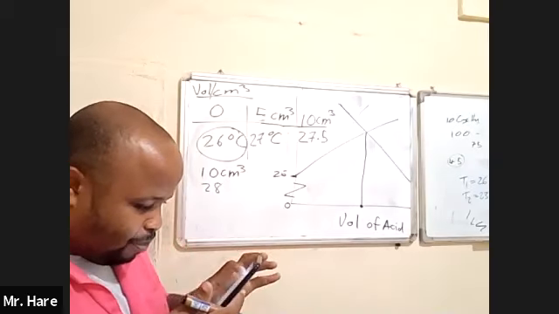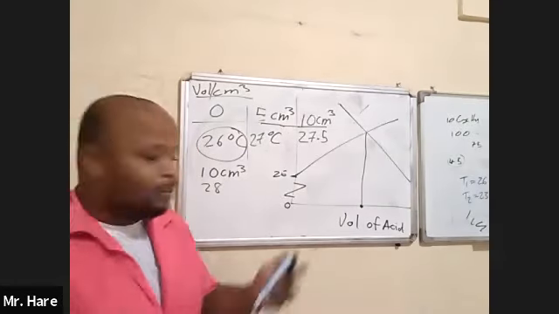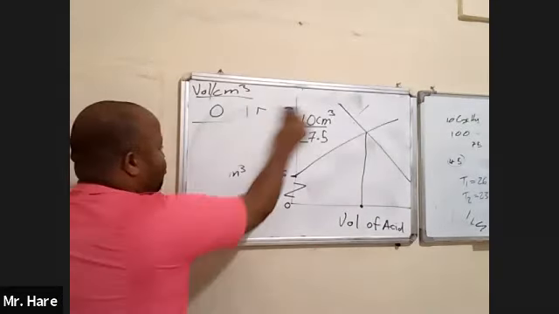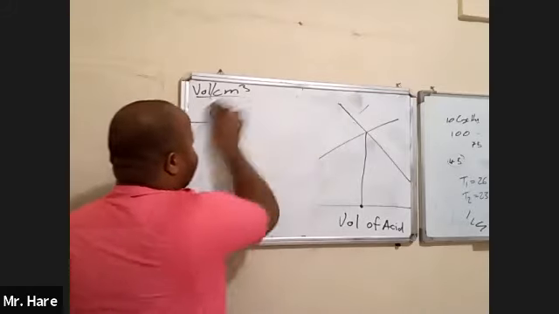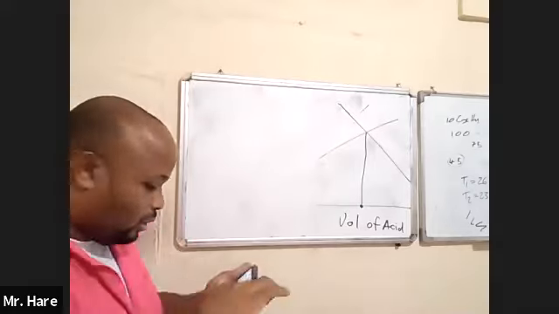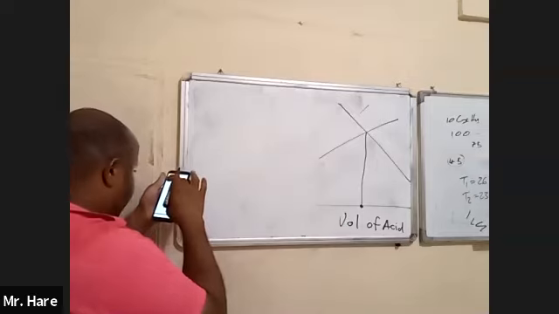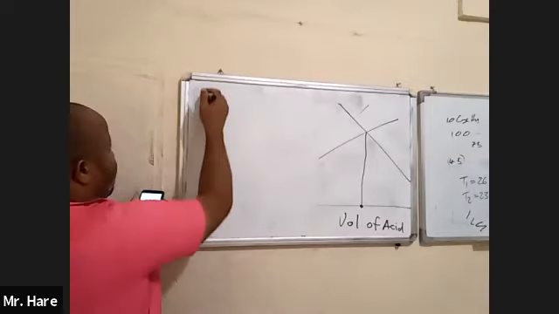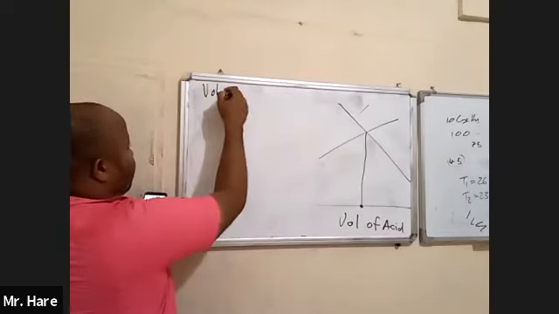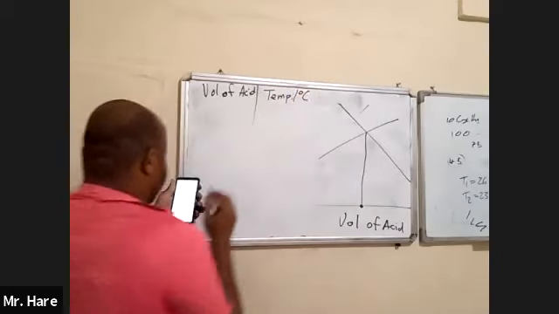All right, so they gave us some readings, so let me just put the readings on the board so you can see what I was talking about. This was 2015, all right? So you have volume of acid, and you have temperature in degrees Celsius, all right?